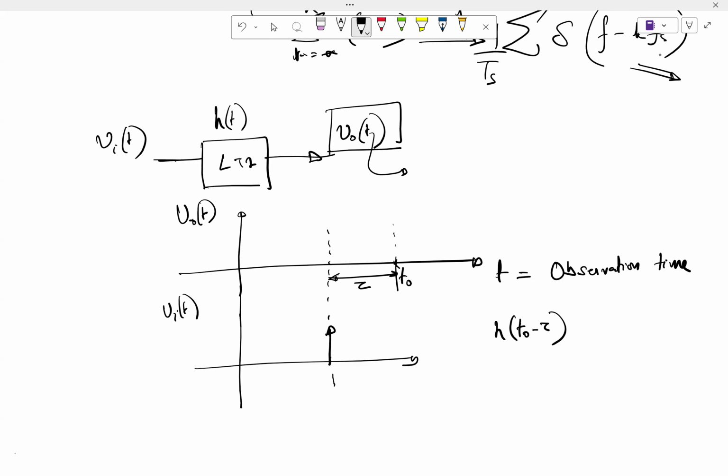Any other comments? Should be h of tau. You are saying it will be a multiplication of impulse. v_i(t) is an impulse that has been applied here, wherever I have shown, tau before T naught. What is v_i(t)?